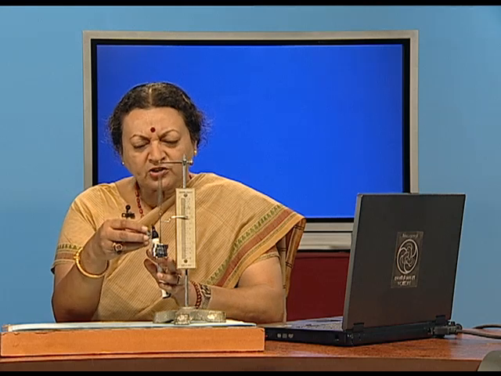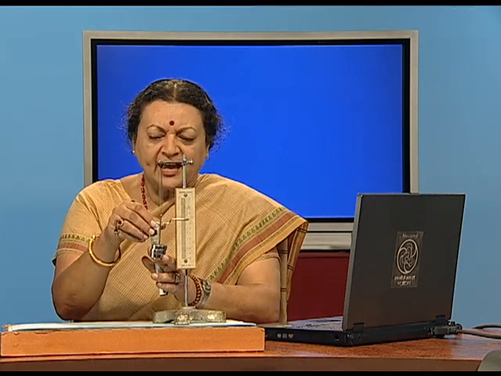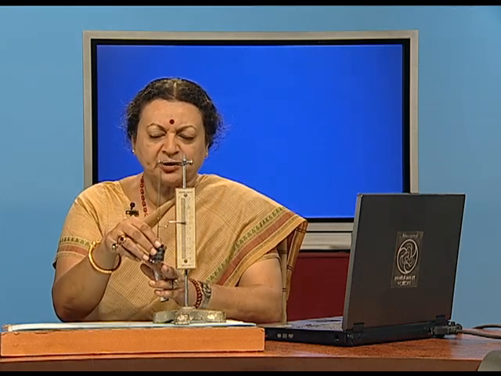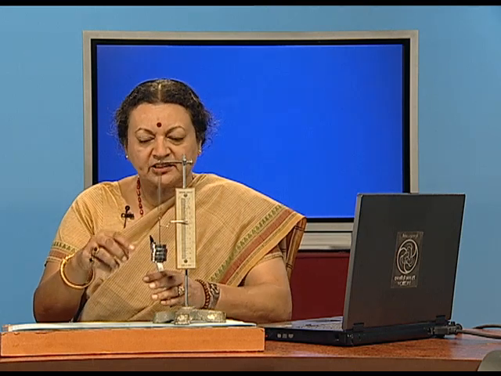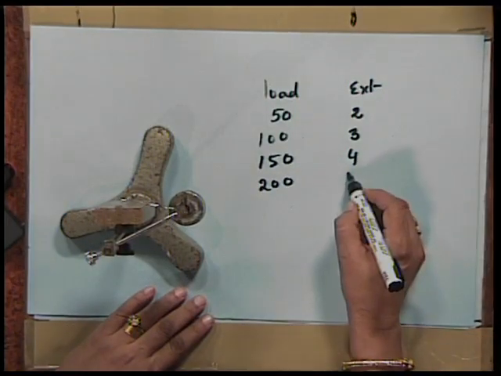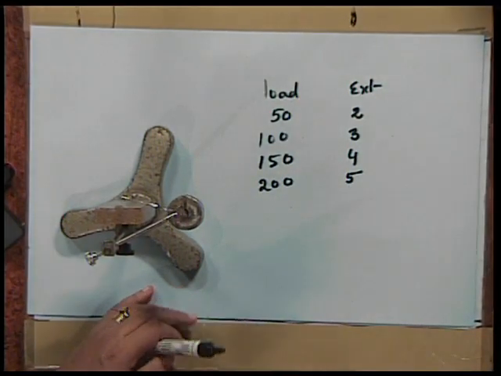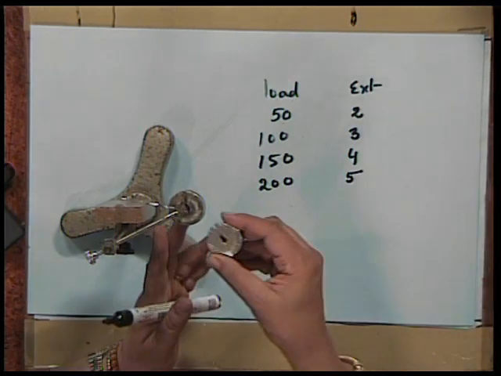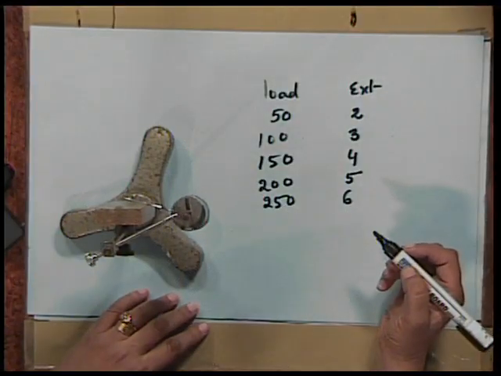What you must also see here is that as we extend the spring using equal weights, is the extension remaining constant? This for 200 would become 5, and I have one more weight here which will make it 250. So, for 250, as you can see, the extension is 6 centimeters.